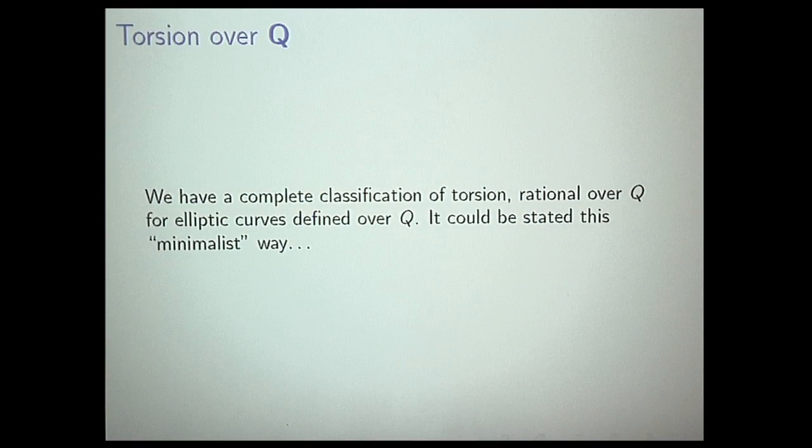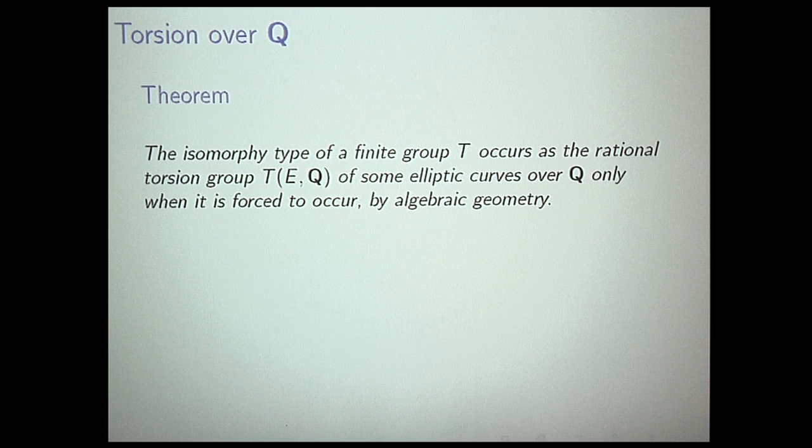Torsion over Q is really an arithmetic issue, and we have a complete classification of torsion over Q. And here's one way of stating it, in a Serge Lang sort of way, in a minimalist way. The isomorphism type of a finite group T occurs as the rational torsion group of some elliptic curve over Q only when it's forced to occur by algebraic geometry.